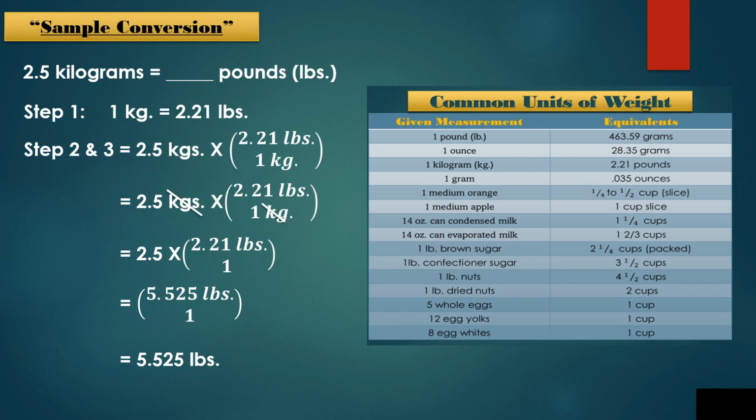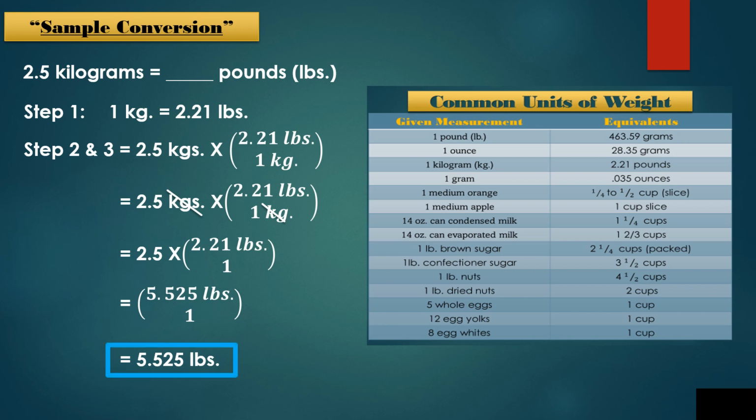Ang natira dyan is equals to 5.525 pounds. Yan yung ating nakuhang conversion. So 2.5 kilograms is equivalent to 5.525 pounds. Remember, always box your final answer.